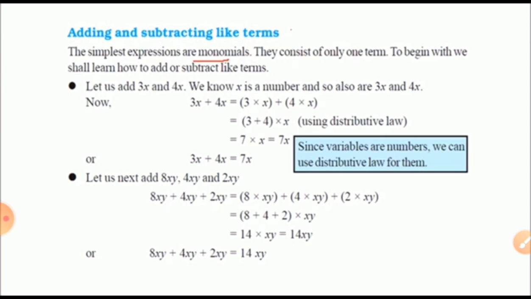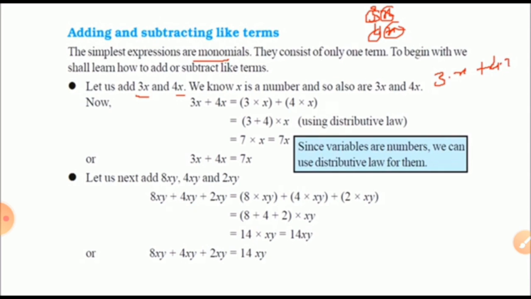To begin with, we shall add or subtract monomials. 3x and 4x: x is common, or you can say 3 into x plus 4 into x. Using the distributive law, x will be common, 3 plus 4 will give you 7. So 7x is the answer. Since variables are numbers, we can use the distributive law for them.